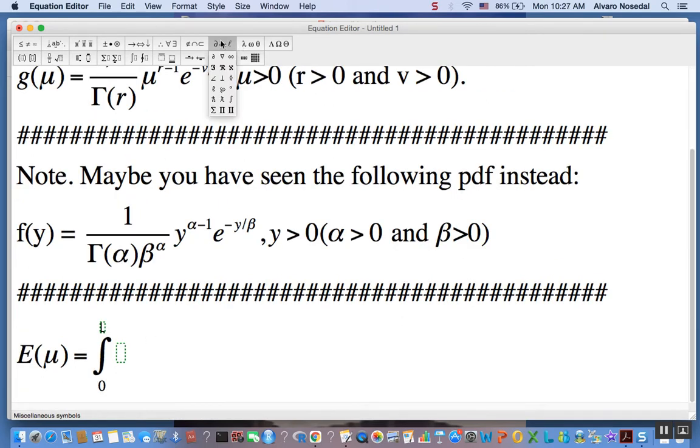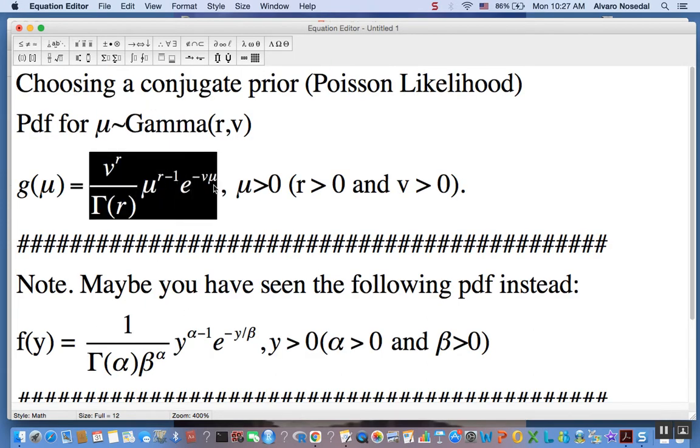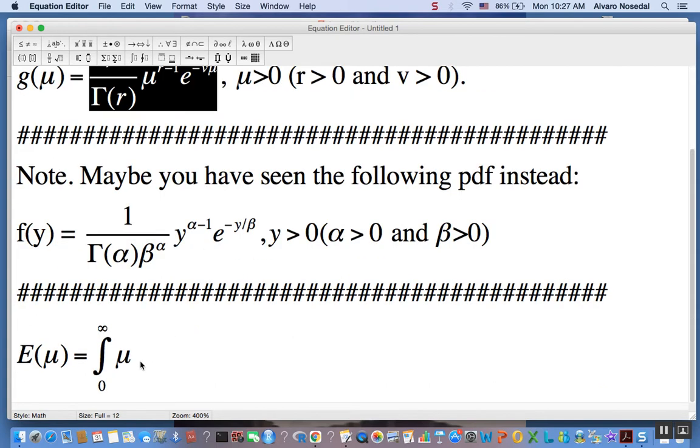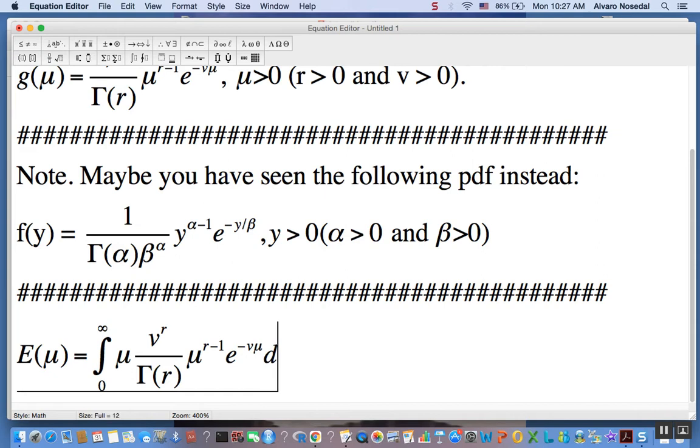So it would be the integral from 0 to infinity of mu times the PDF, which happens to be this guy, and we are going to be integrating with respect to mu.